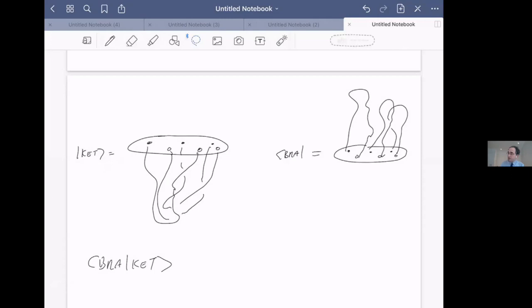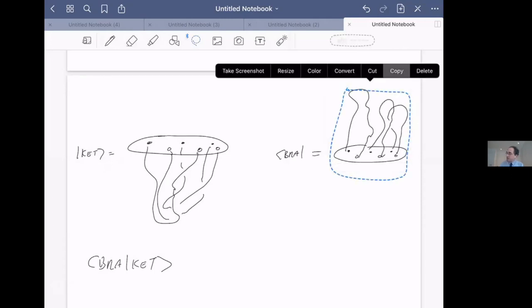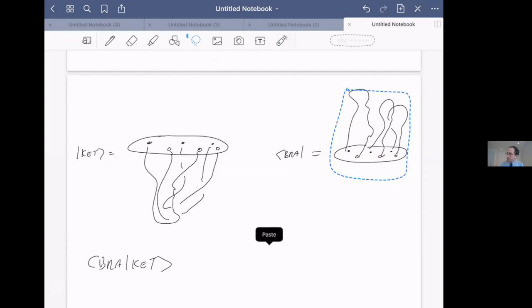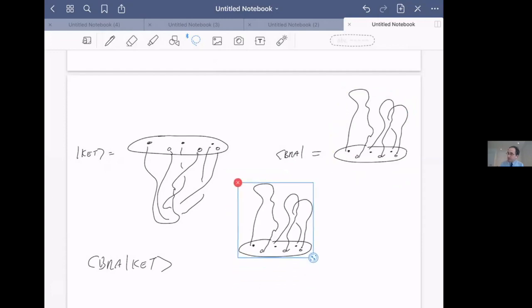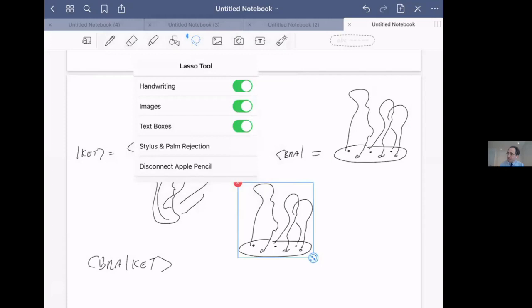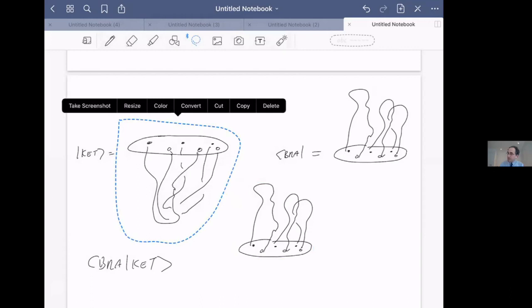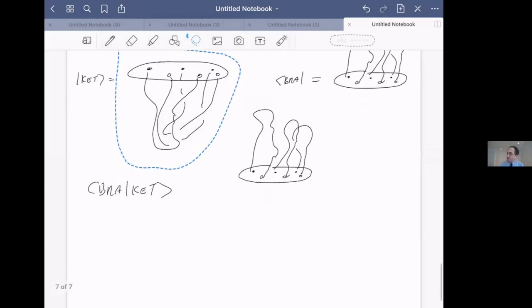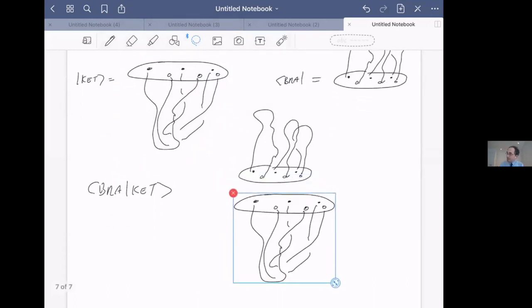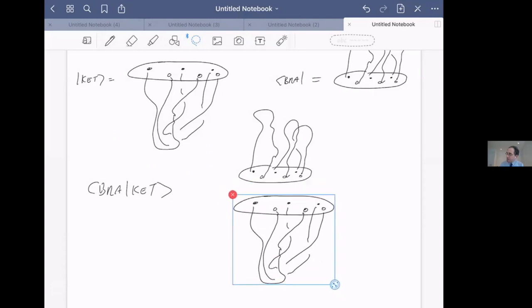So I can do that by copy, paste, like this. Okay, there's the top, and I'm going to copy and paste this guy. Okay, I'm trying to make it a little smaller so it fits exactly.